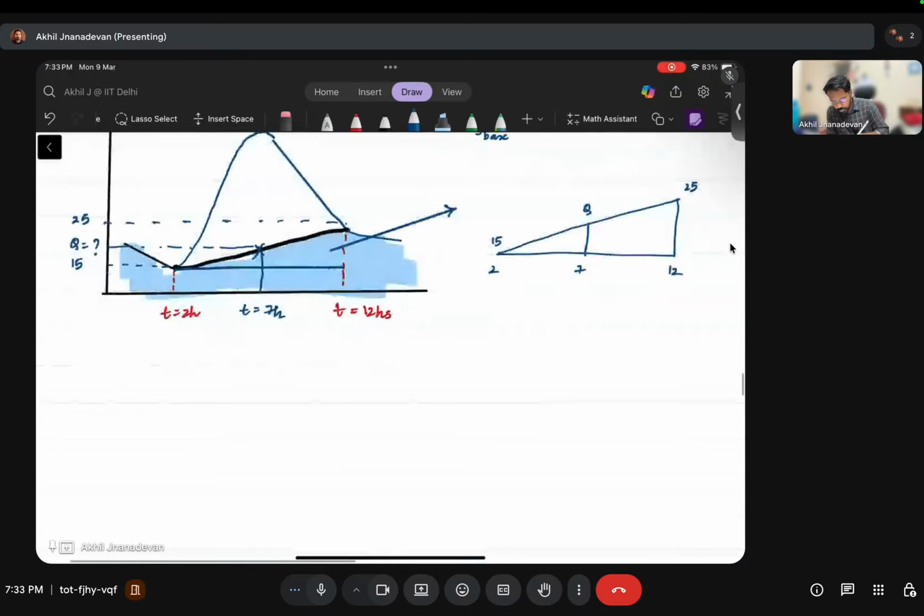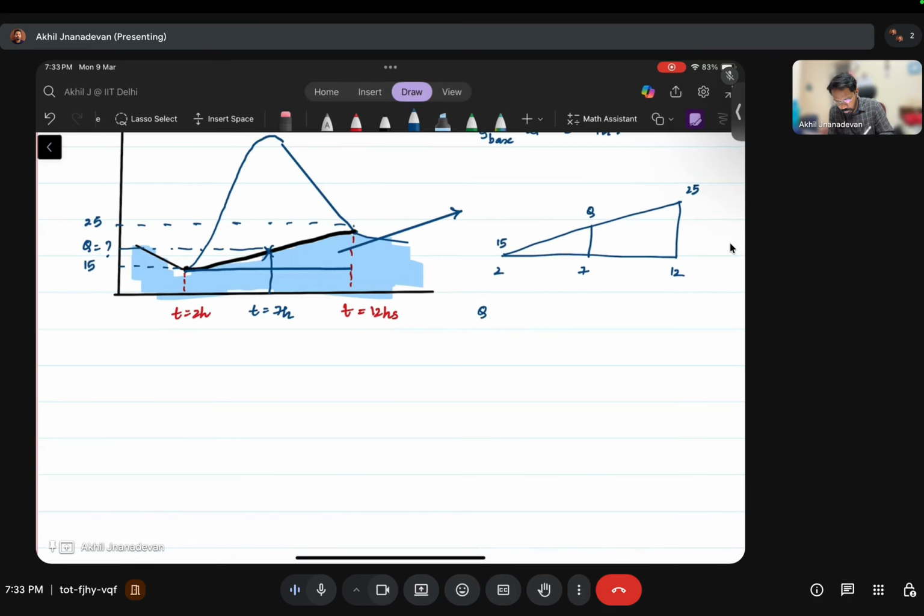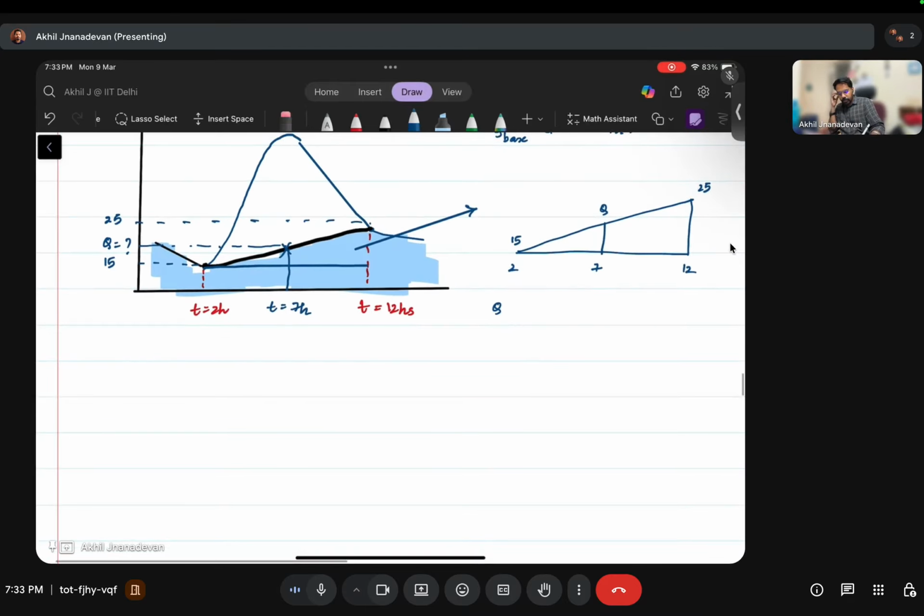So this side will be 15, and this length will be q minus 15.